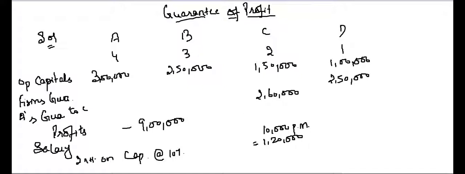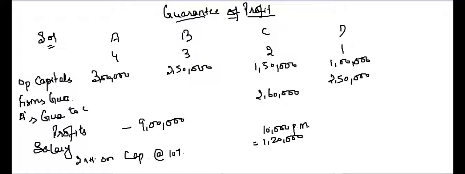We have written down the facts. First of all, there are four partners A, B, C and D sharing the profits in the ratio of 4:3:2:1. Their opening capitals are 3 lakh, 2 lakh 50,000, 1 lakh 50,000 and 1 lakh. D has a firm guarantee of 2 lakh 50,000 minimum profits. C has A's guarantee of 2 lakh 60,000 minimum profits, right?